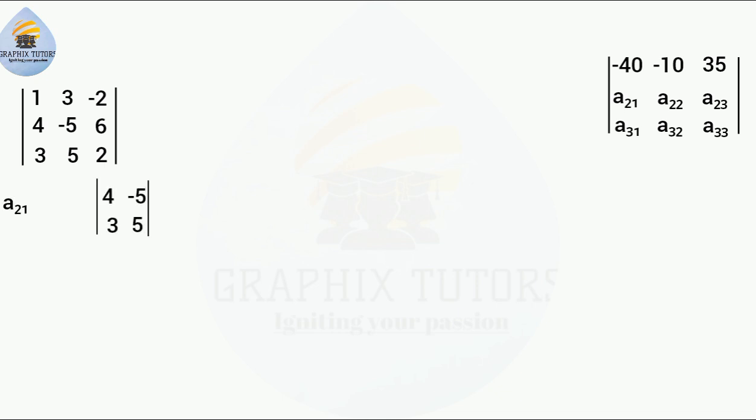Now, similarly, we have A21. A21 means element in the second row, first column. So the element in the second row, first column, the minor element 4, will give us, if you take 4 across the row, down the column, you'll be left with what? 3 minus 2, 5, and what? And 2.